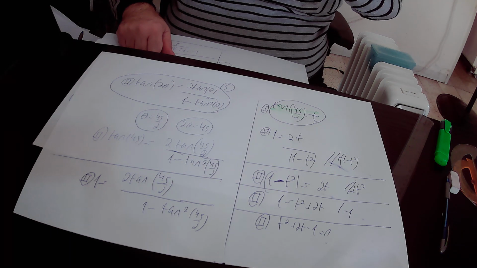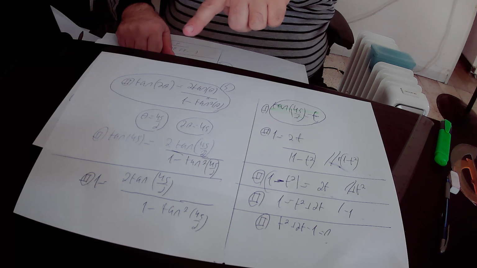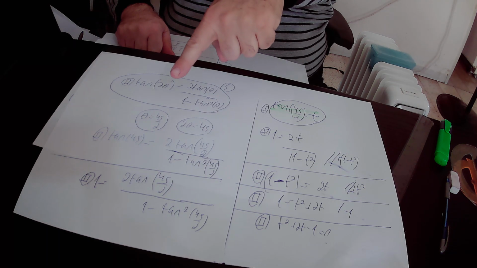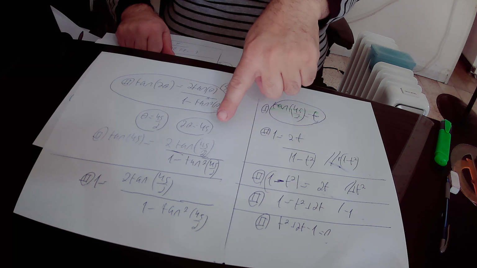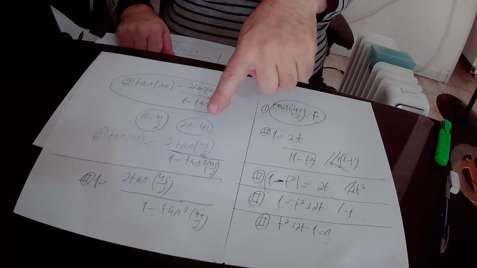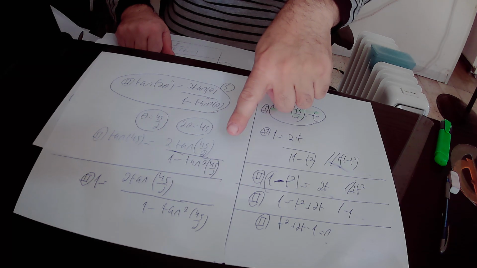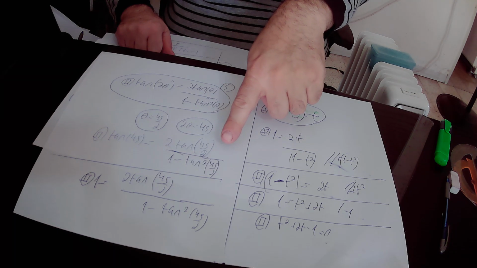And we found out that according to this identity, tangent 45 degrees equals 2 times tangent theta, where theta is 45 over 2 degrees, over 1 minus tangent squared theta.